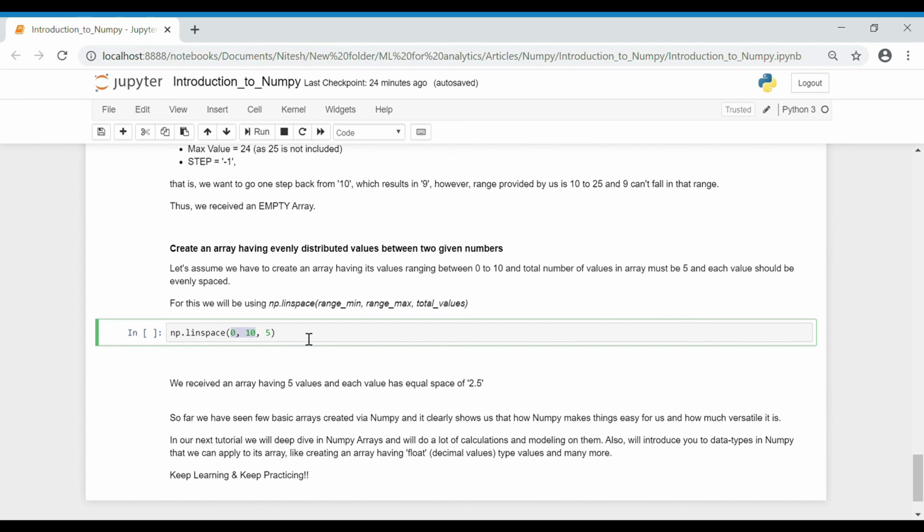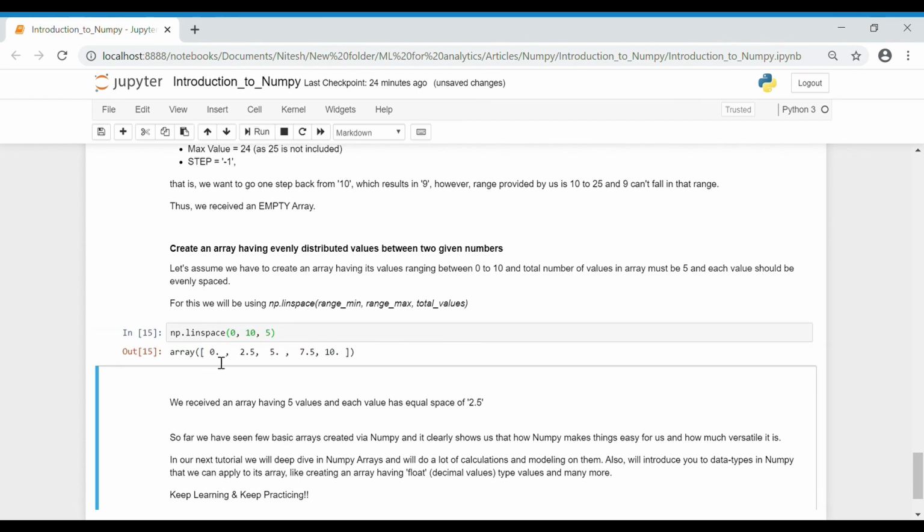That is, you guessed right, 0, 2.5, 5, 7.5, 10. So this complete gap from 0 to 10 is divided into 5 equal values, each having a difference of 2.5. So this is our final array for that.